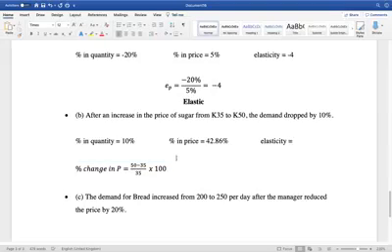So this gives us what answer? 42.86%. So this is what you should be doing to find the percentage changes: the final minus the initial, divided by the initial, multiplied by 100. What is the elasticity in this case?